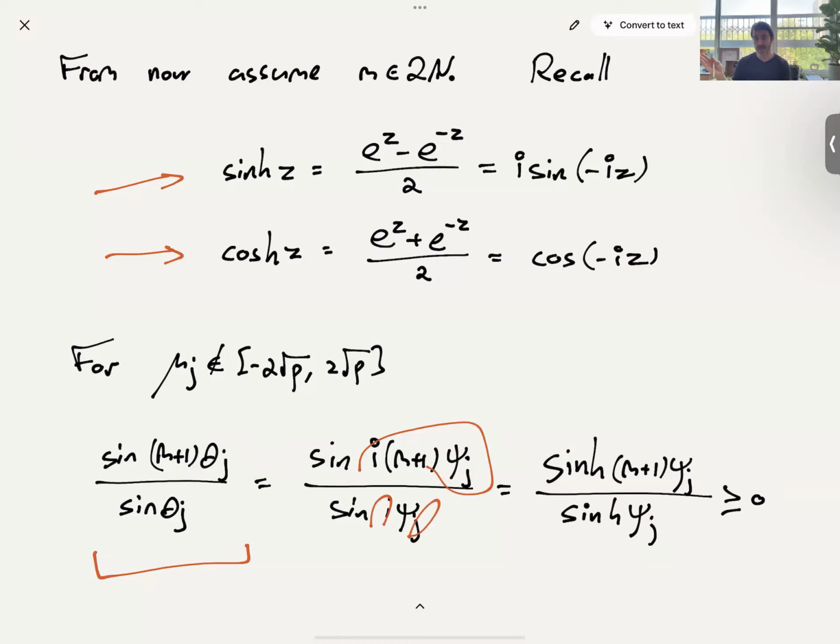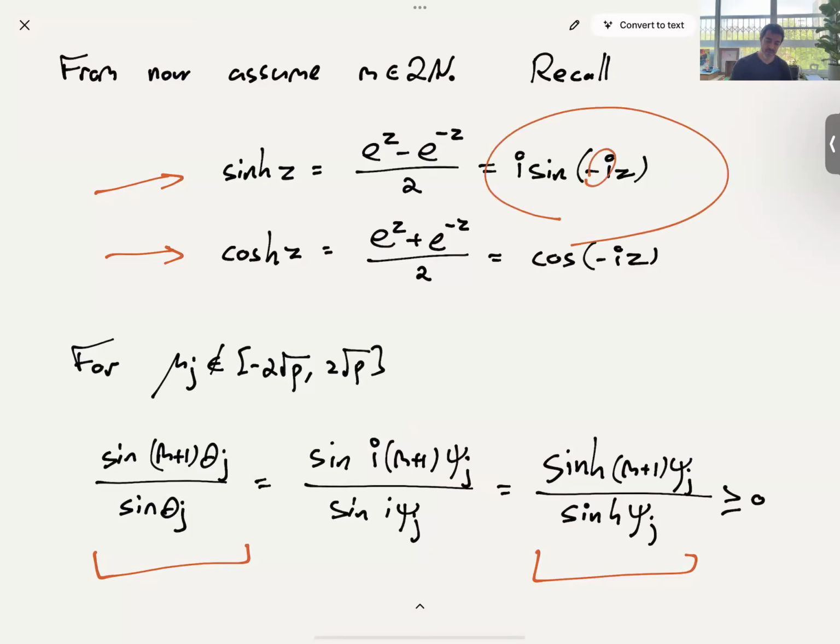The additional pi which can potentially happen doesn't change anything because you have it both in the numerator and the denominator. So if it negates, it negates both. And this is precisely this ratio of the hyperbolic sines, right? Because the minus, again, doesn't change anything because it appears both in the numerator and denominator, and the i cancels out.